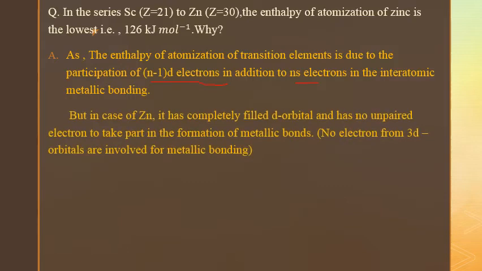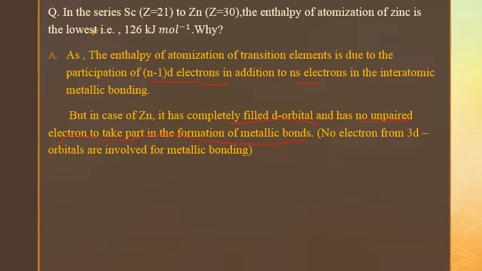But in case of zinc, zinc has a completely filled d orbital. It has no unpaired electron to take part in the formation of a metallic bond, as the electronic configuration of zinc is 3d10 4s2. So its ns electrons are completely filled, and the n-1 d shell, that is the 3d shell, is also completely filled.